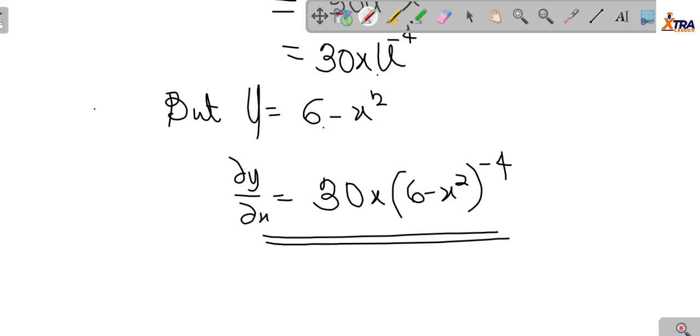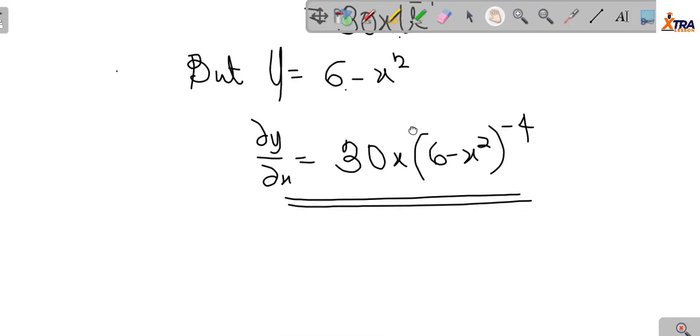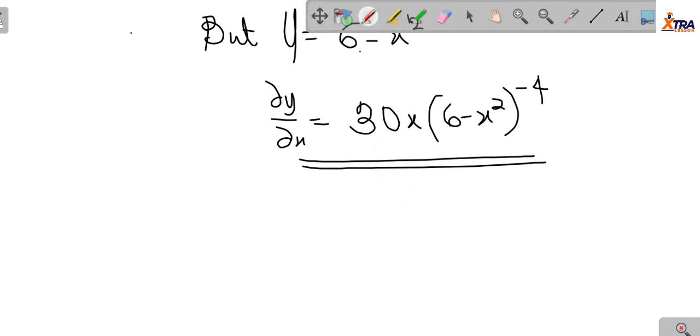Now let's look at the short form. The short form is also a way of confirming if your solution is correct.